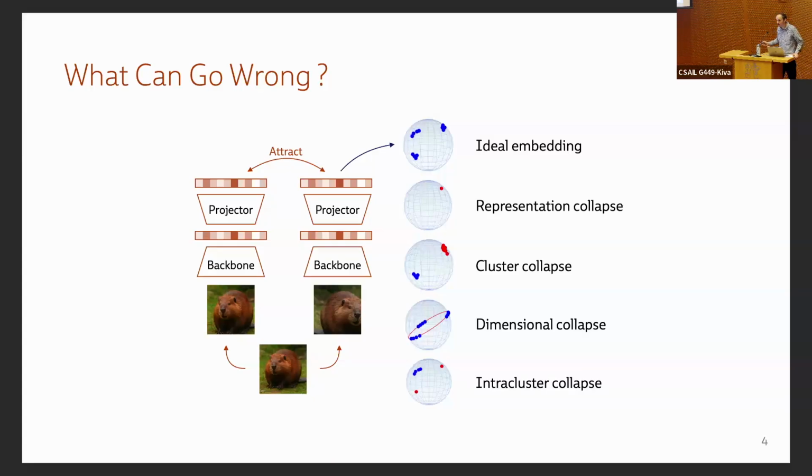And then finally, you can have intra-cluster collapse, where some of the clusters do not have any kind of dispersion. For the latter one, imagine you have different beavers, and all the beavers are mapped to the same vector. So you don't capture the diversity of the different concepts.